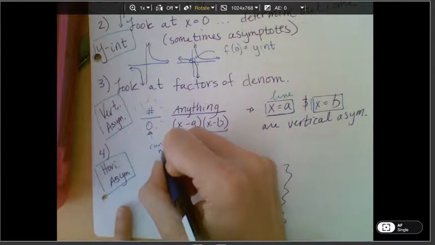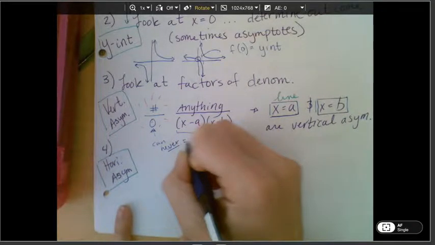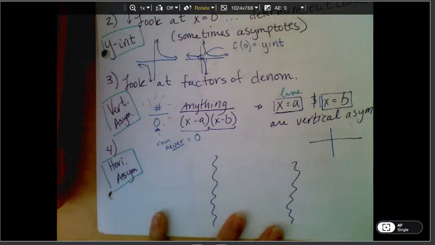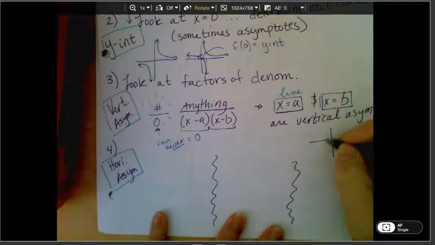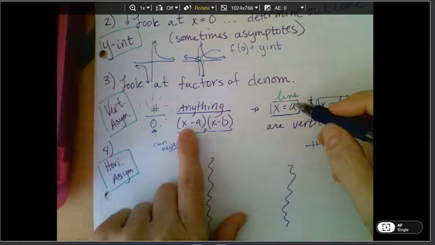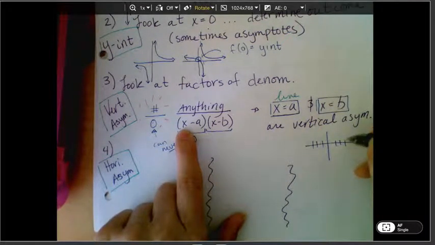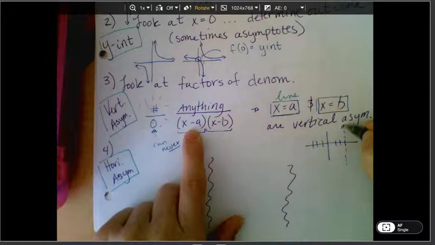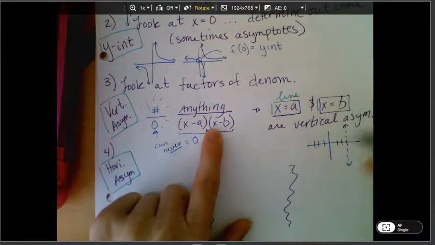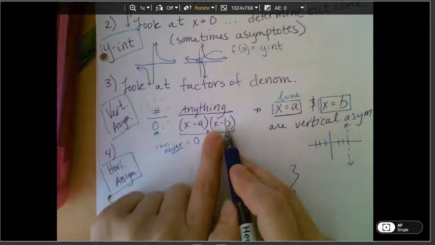So let's say that a was 3 or something like that, and b were 2. So when x is 3, I take 3 minus 3, like that, and let's say this is negative 5 or 5.